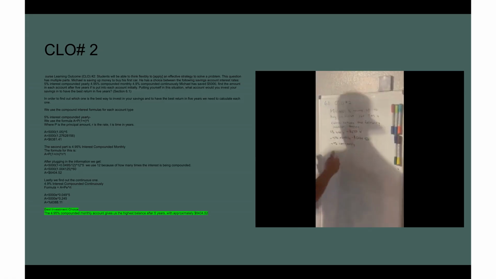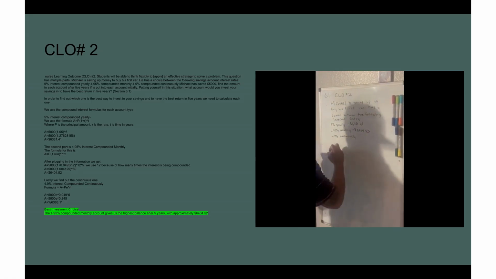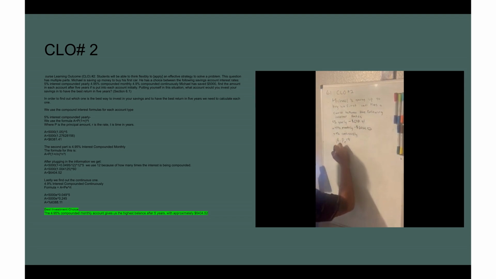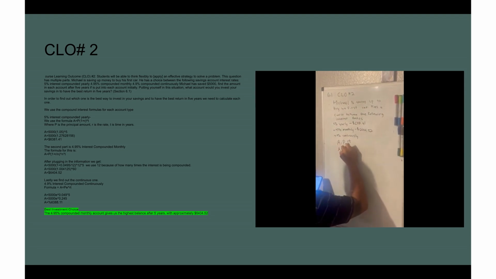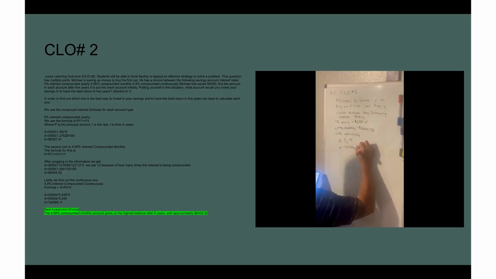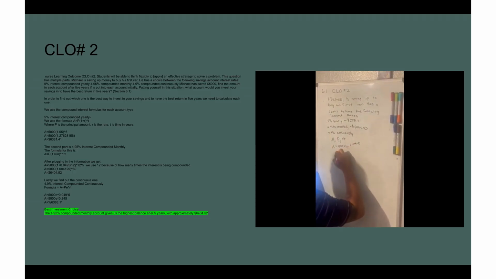And for the last one, continuously is A equals P e to the rt. 5,000 e to the 0.049 times 5.